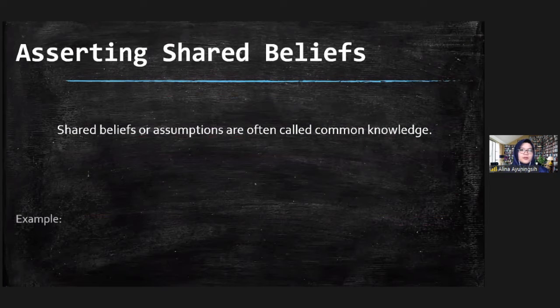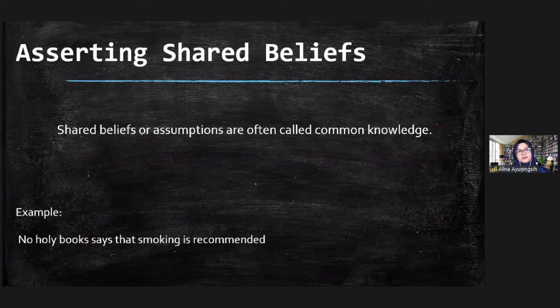For example, no holy book says that smoking is recommended. It's not an assumption; it's a belief, or people know it as common knowledge. For me, actually, shared beliefs can be applied to the whole world, all parts of the world. That is a shared belief.